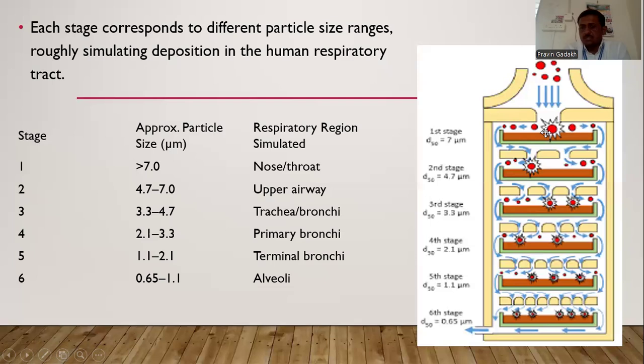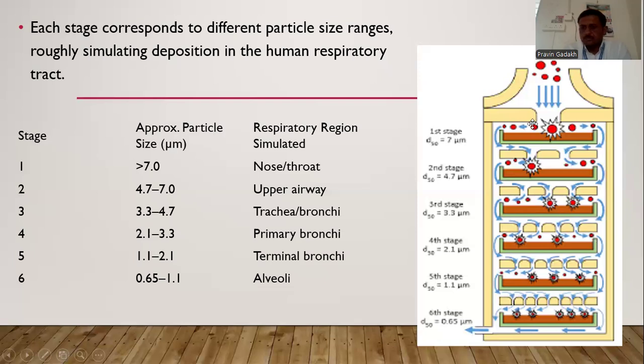As we are sucking the air with the electric pump, the air again passes from the first section to the second section. Depending on the particle size, particles get trapped on the nutrient agar plate already placed in the different sections, and the remaining air we have to remove from the air sampler.